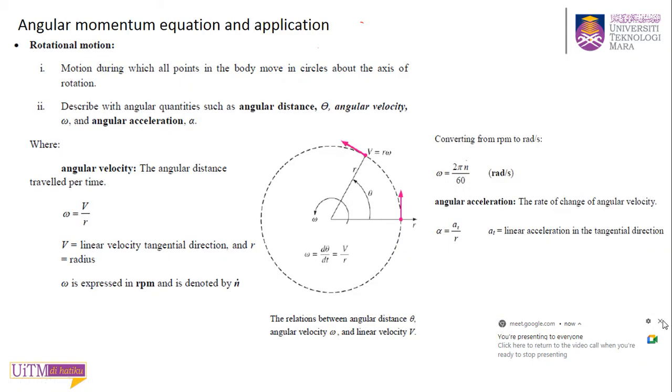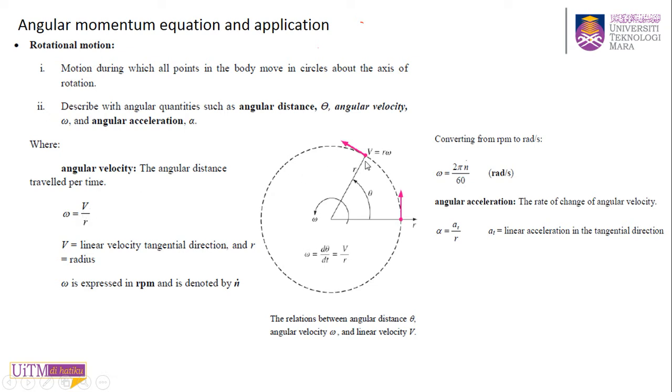Okay, so you have these properties: angular velocity, angular acceleration, and angular distance. If you look at this diagram, this theta is your angular distance, because you move like this, in a circle. You have your angular velocity, omega, and your angular acceleration, alpha. Angular velocity, omega, is equal to V over R. So what is V?